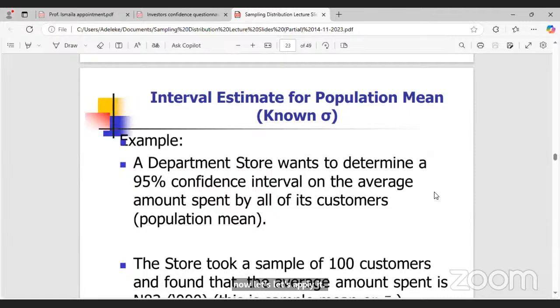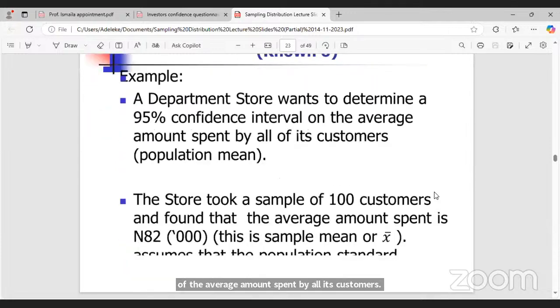Look at the question. A department store wants to determine a 95% confidence interval of the average amount spent by all its customers. That's the objective. And then the store took a sample of 100 customers and found that the average amount spent is 82,000.